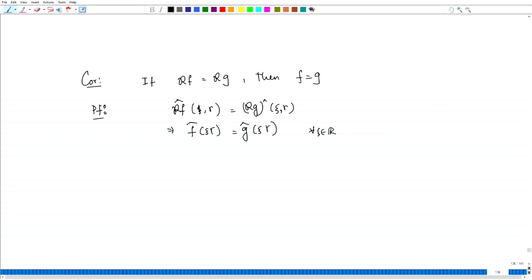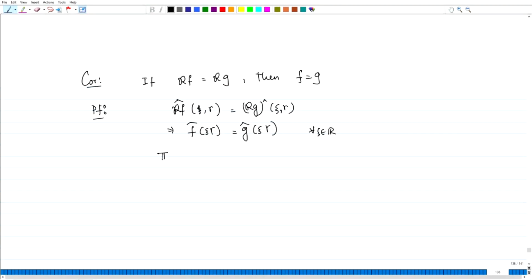Now, I fix a gamma, and then I get that f hat of xi gamma equals g hat of xi gamma. Similarly, I vary to another gamma, every gamma on the sphere, and I get this. So, this implies that if I take any x in R^3, it is given to me by a direction and a distance from the origin, that means some xi and gamma, with x equal to xi gamma.